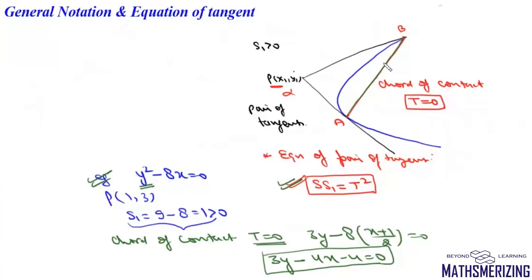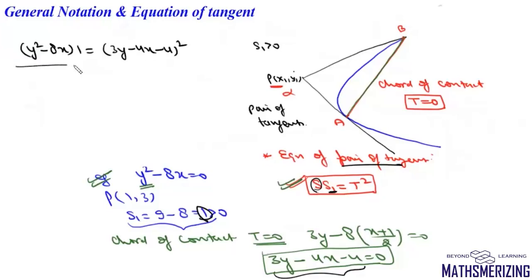Now we know that the equation of the pair of tangents is given by SS1 equals T square. What is S? S is the equation of the given curve, which in this case is y square minus 8x, into S1. What's S1 in this case? S1 is simply 1, and this equals T square. And what's T here? T is (3y minus 4x minus 4) whole square equals 0.